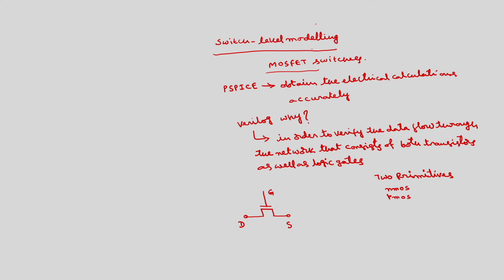The general structure of these 2 primitives is NMOS, some name, which is the gate name and is optional, like N1. Then we have to represent out, data, control. There are 3 signals.